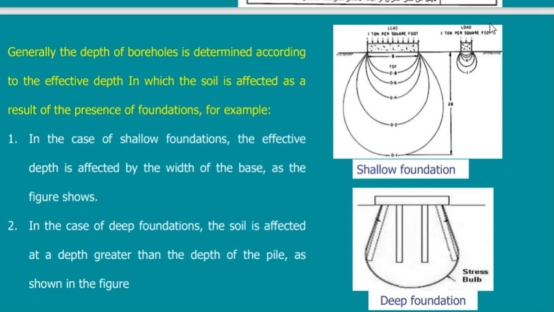And I know that the minimum for boreholes is 10 meters, then okay, 10 meters will be fine. But if you have a bigger foundation, maybe 6 meters, so 6 by 2 is 12, then I need more than the 10 meters. I will need 12 meters, 15 meters, and so on.